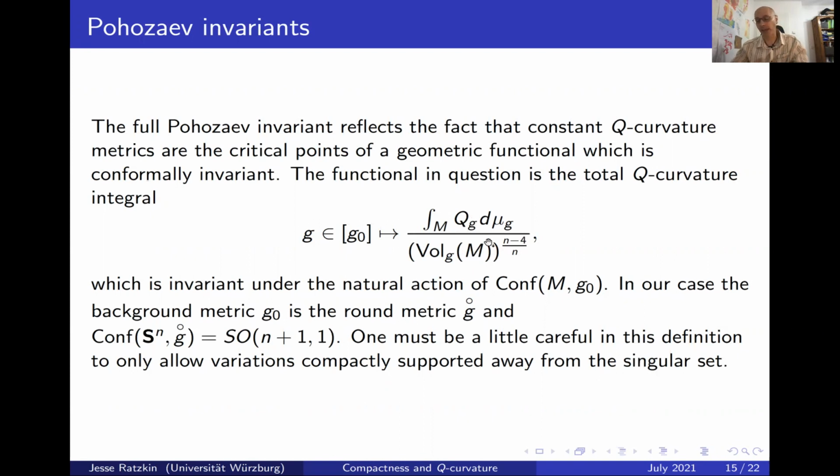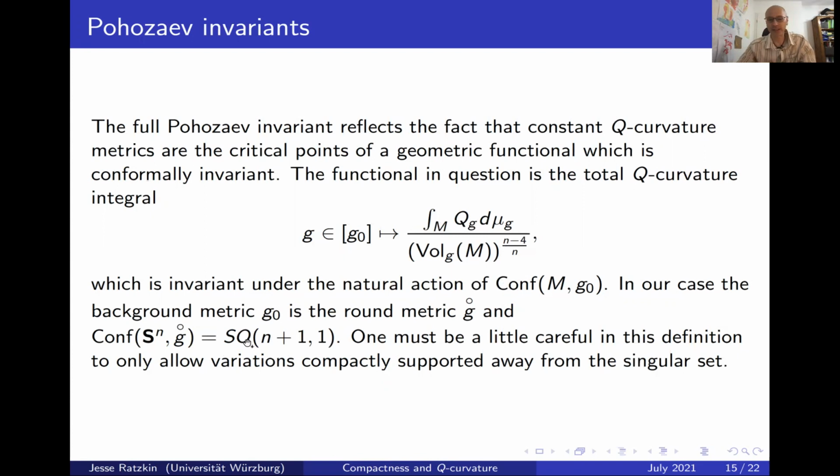I can scale my metric by a constant and make the functional go to plus infinity or 0. But if I look at this scaling invariant ratio, then I get something that's reasonable to look at. So in our setting, this is the functional, and the symmetry group is the conformal group of the sphere, the group of conformal transformations of the sphere.